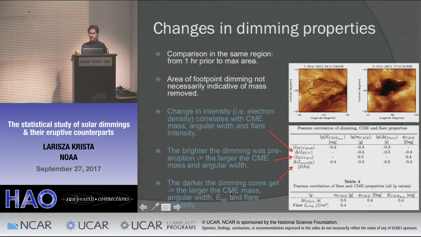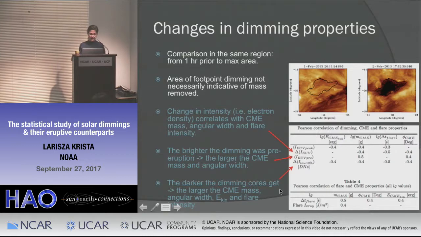Also, another interesting thing is that inside dimmings there are darker cores. And their behavior is even more important than the dark region itself. So when we looked at the lowest 10% intensity pixels inside the dimming, the correlation was even better.